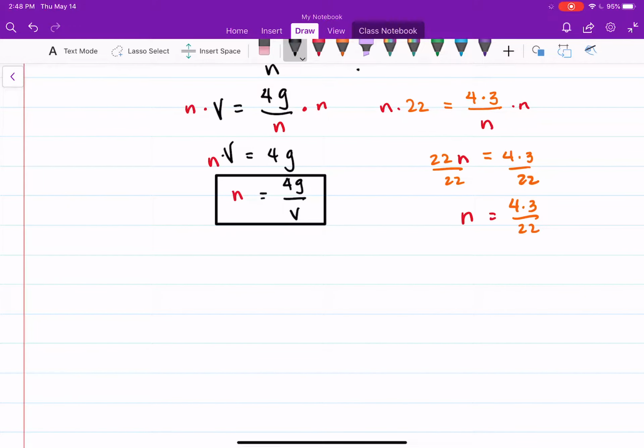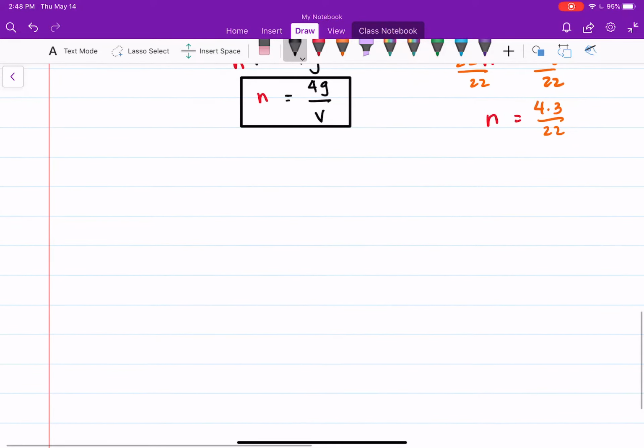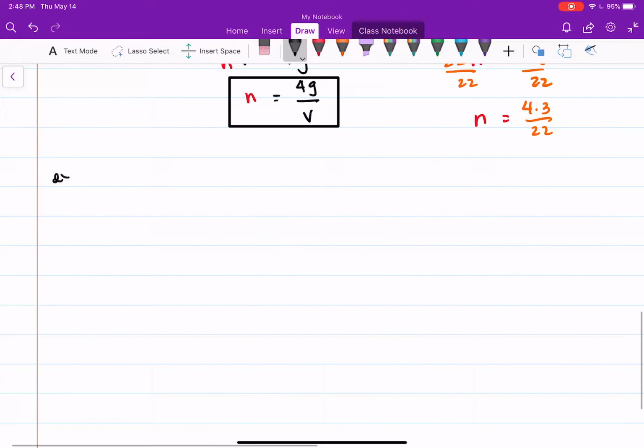All right, let's try something else. Ooh, this one is usually good too. So example. Let's say I've got S is equal to 2k plus 2z, and it wants you to solve for k.